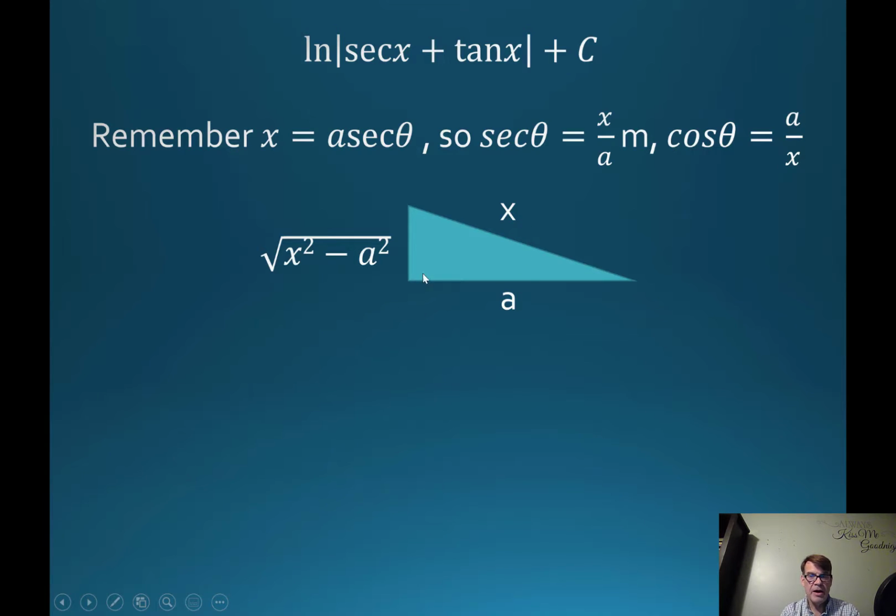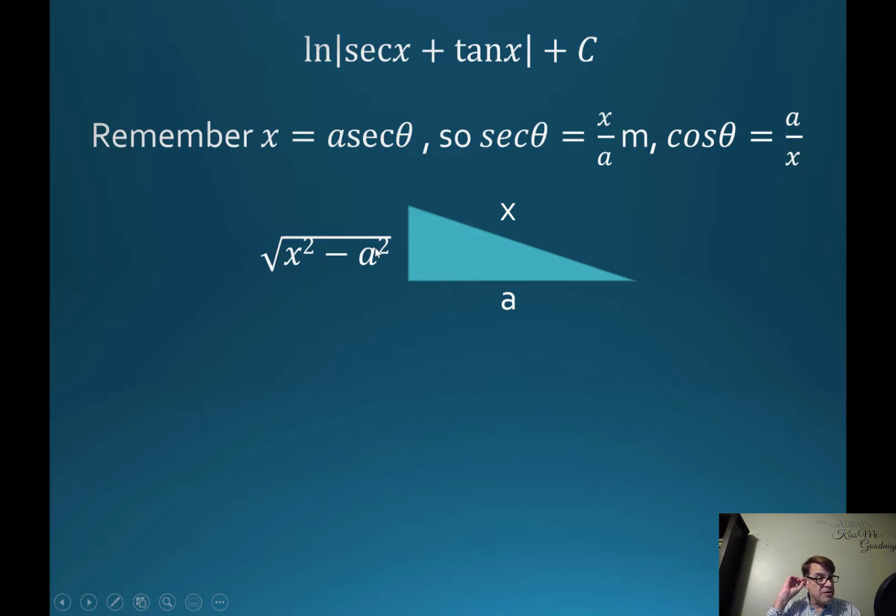So if I get the a over to the x side, whatever this side is squared equals x squared minus a squared. Take the square root, then whatever this side is, it is the square root of x squared minus a squared. I didn't write it down, I'm sorry, but you could do it. It's the Pythagorean theorem, solving for this side.